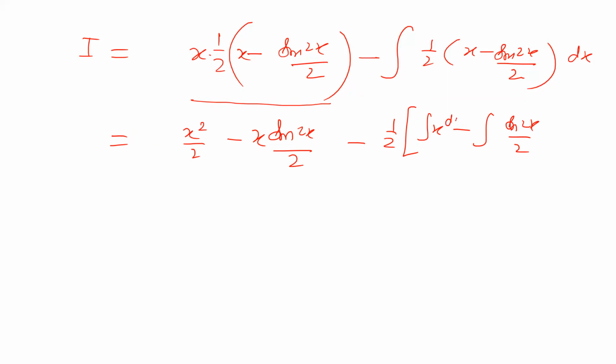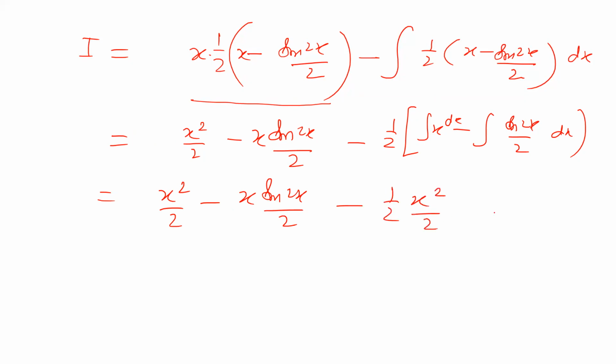This is my dx. We have to apply dx. Okay. So x square by 2 minus x sin 2x by 2 minus 1 by 2 x square by 2 plus 1 by 4.